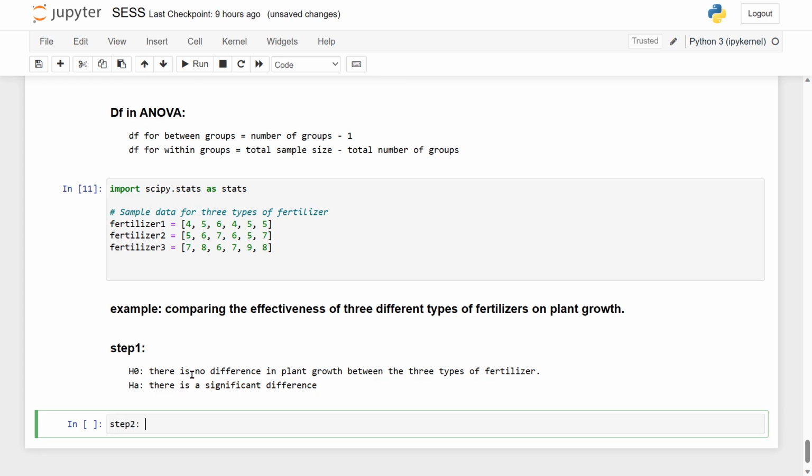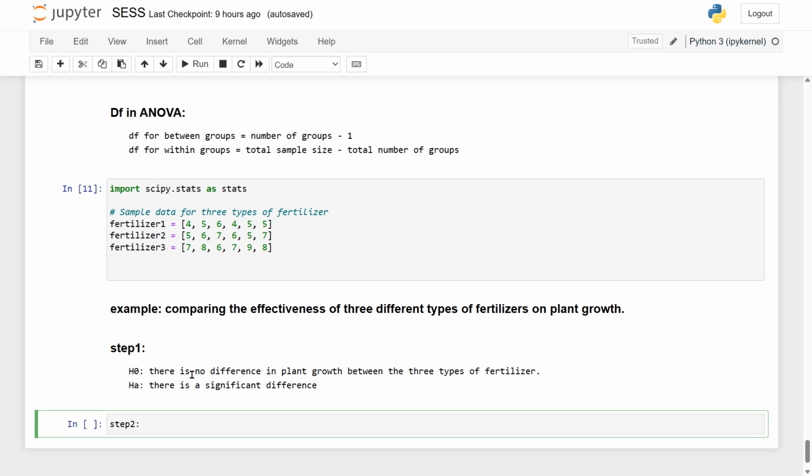Now to perform ANOVA, we take a sample of plants grown using each type of fertilizer, and then the heights of the plants are measured after a certain period of time, obviously.